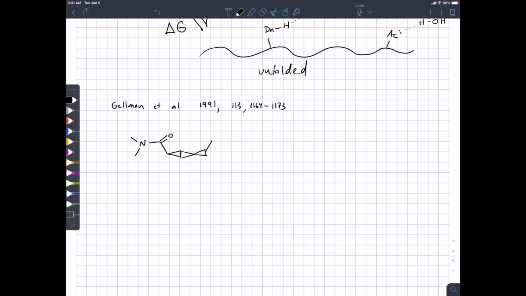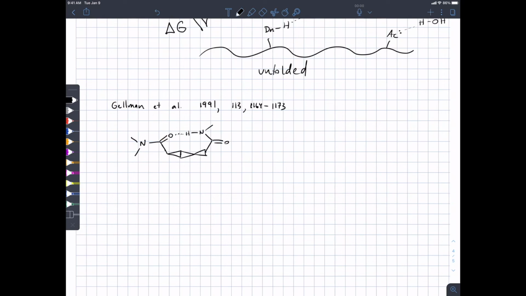They could tell based on the NH stretch in the IR spectrum whether this hydrogen was involved in a hydrogen bond with this carbonyl group or whether it wasn't.